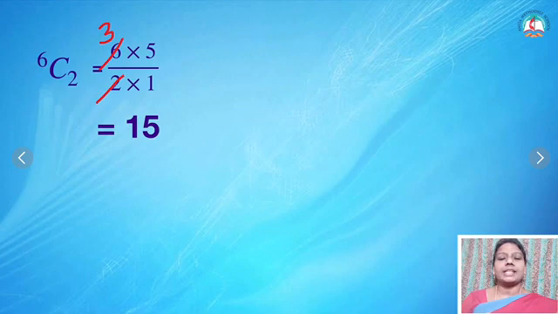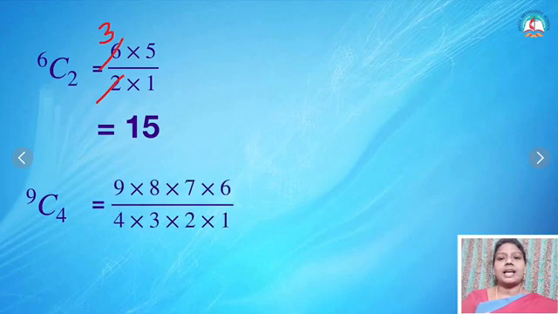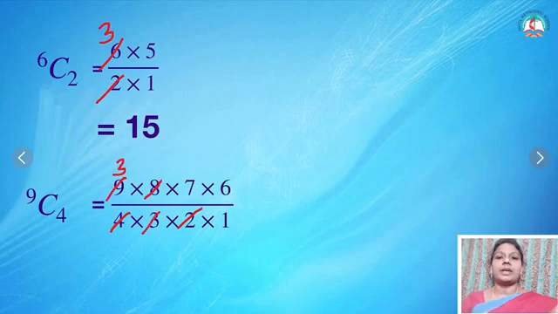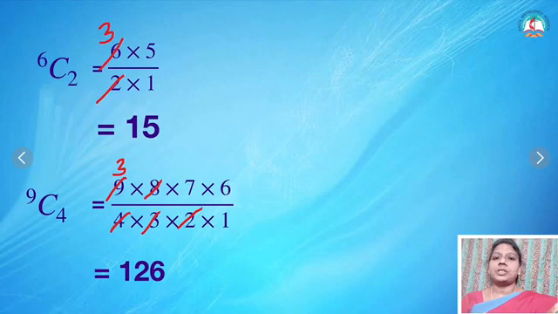Supposing I have 9C4, then how can I write it? In descending order, 9 into 8 into 7 into 6 divided by, because I have 4, 4 into 3 into 2 into 1. I can cancel 4, 2 are 8 and then 3 with this. Therefore, the answer will be 3 7s are 21 into 6 is nothing but 126.